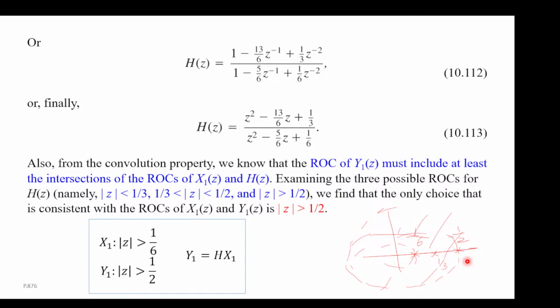Okay, so now the detailed derivation is a bit more complicated. Basically, you see the RC of x1 is greater than 1 over 6, and then it's by process of elimination. So if your RC of h is less than 1 over 3, then consider the intersection between RC of h and RC of x.